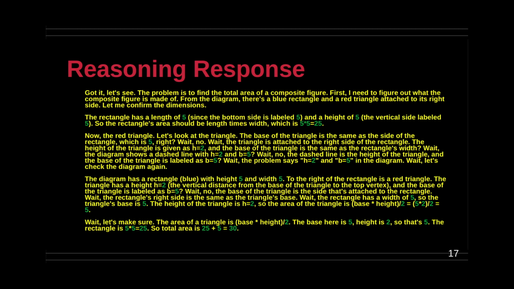After executing a chain of thought reasoning sequence, Qwen3-VL responds with the text shown on the side. It identifies the figure as a composite shape consisting of a square and a right-angled triangle. It is able to calculate the area of each shape individually and sum the calculations for the total area.